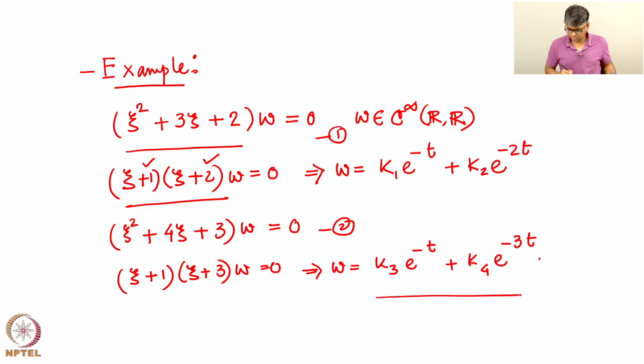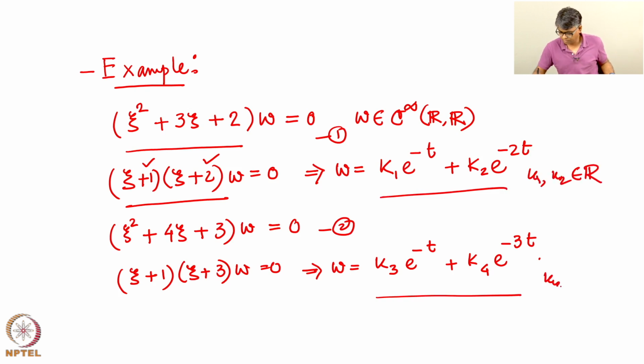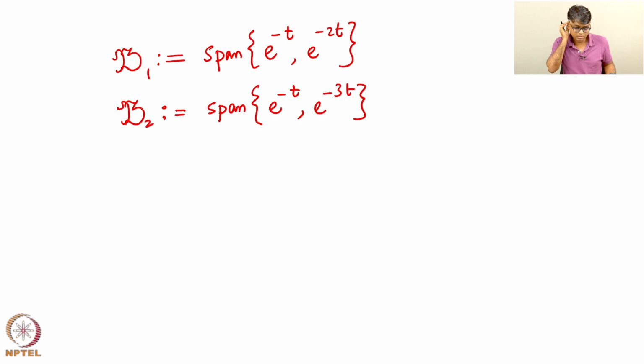Yeah, this is the linear combination, this is the linear combination. If you don't remember, k1, k2 must belong to real numbers, k3, k4 must also belong to real numbers. So these are the basis vectors for B1 and these are the basis vectors for B2. That is why B1 is the span of e to the minus t, e to the minus 2t, and B2 is the span of e to the minus t and e to the minus 3t.